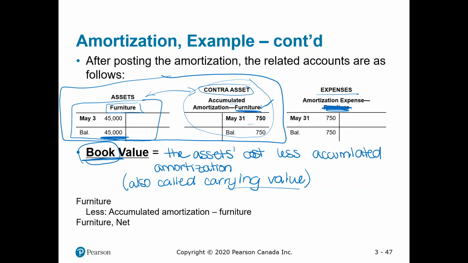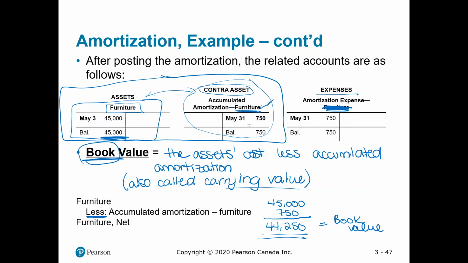If we take a look at this here, our furniture we know is $45,000. We're subtracting, or have less, this accumulated amortization of $750. So we're left with a net amount of $44,250. And this is equal to the book value. So the net amount, or the amount we're carrying it on the books, is $44,250.